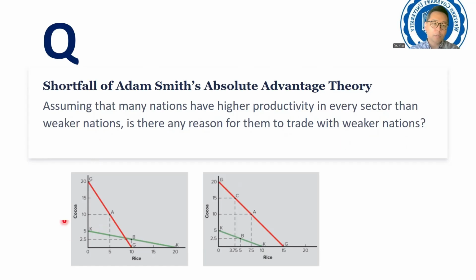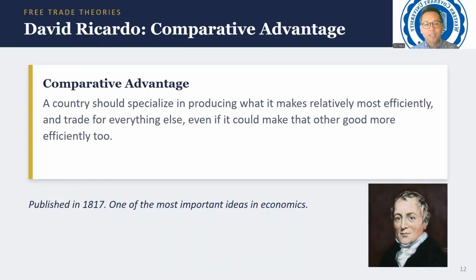That was absolute advantage: one country was better than the other in one area. But let's assume one country is better at every sector than the other country. Then does it need to trade? That's the question. To explain that, I need to introduce David Ricardo's comparative advantage.